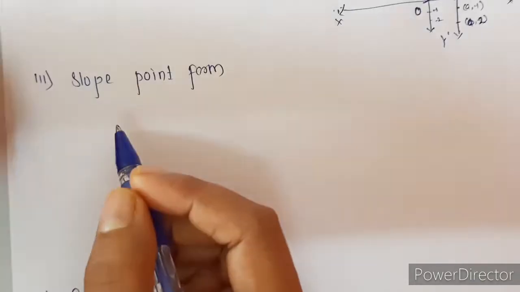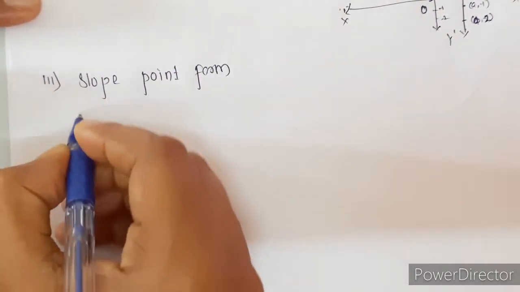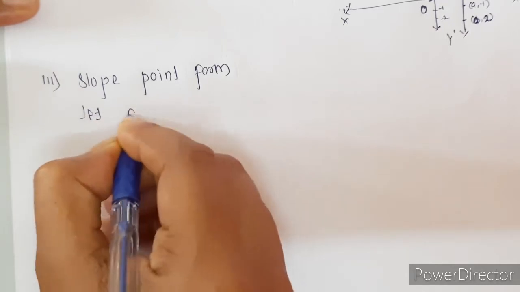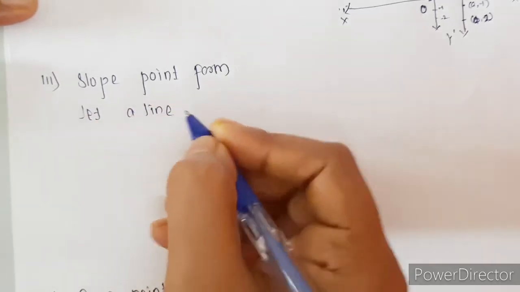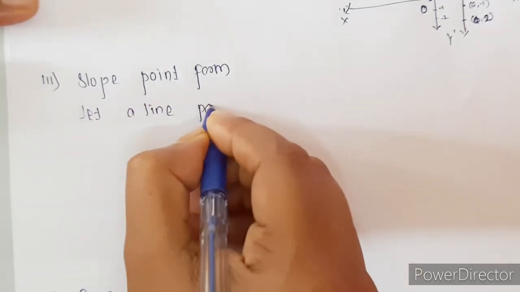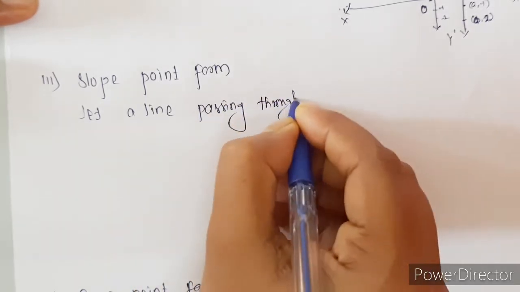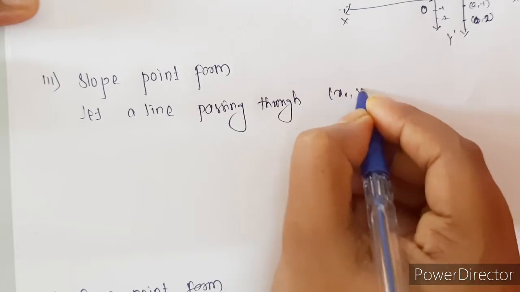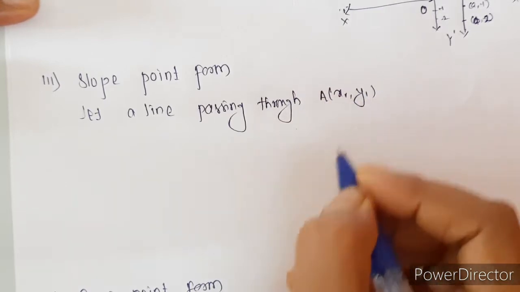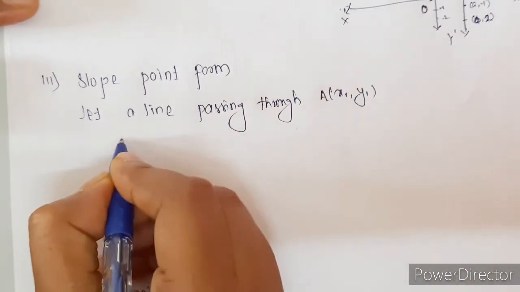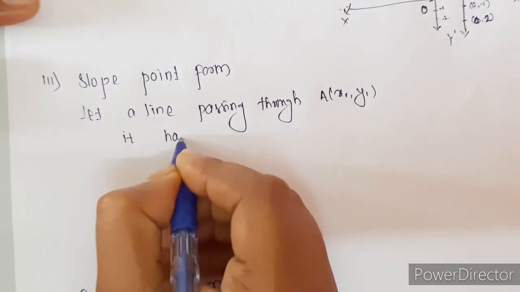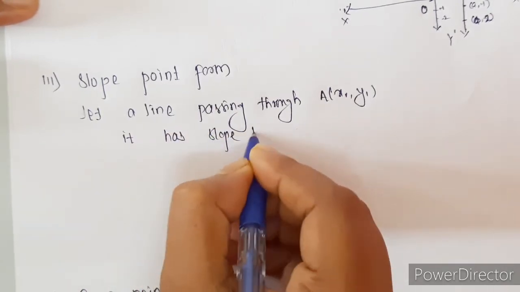Next is slope point form. Now I'm assuming that a line is passing through point x1 y1. Let me take this as point A, and it has slope m.